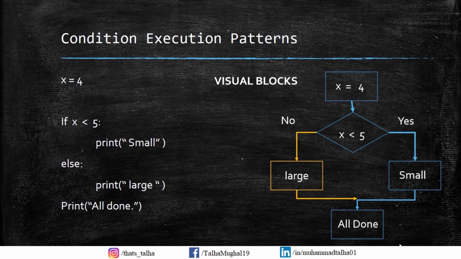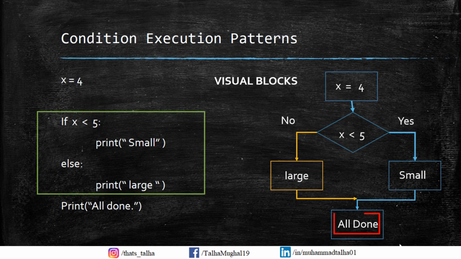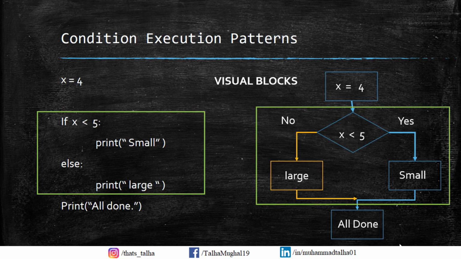But if somehow the condition isn't satisfied, the program will move towards the left side and it will print out large, and after that it will print out all done. So here you can see that the conditional structure, the if-else structure, is shown in this control flow diagram.